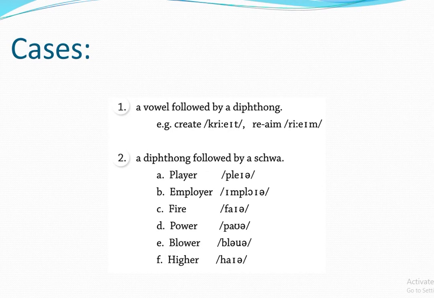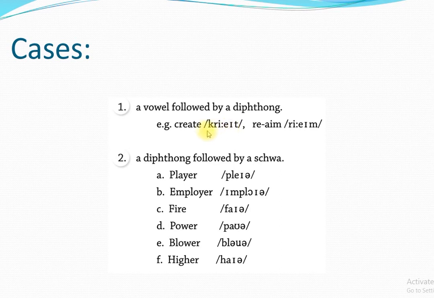The cases. Look at the cases. A vowel followed by a diphthong. You already have a diphthong here. What is a diphthong here? Look, the diphthong is this. A. So you have this vowel and then you have this diphthong.